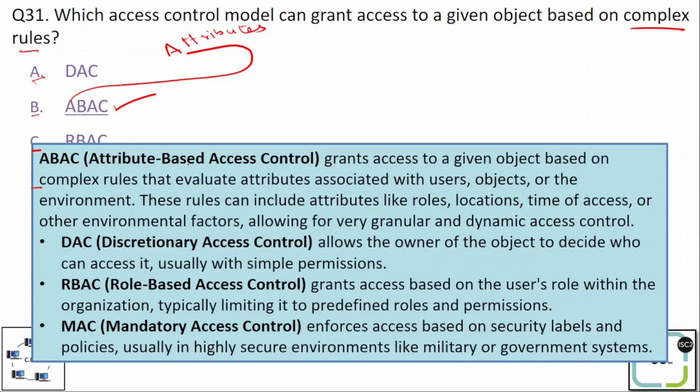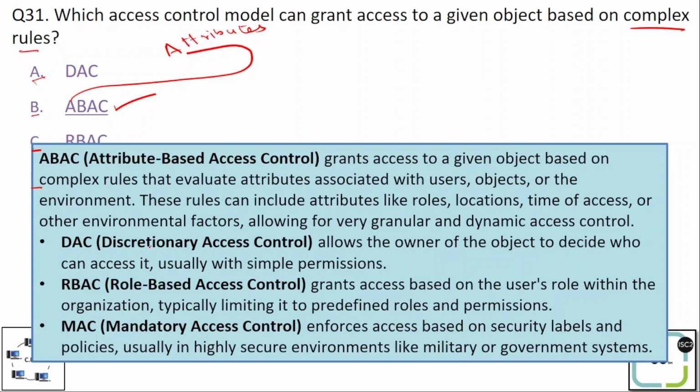So ABAC, that is attribute-based access control, grants access to a given object based on complex rules that evaluate attributes associated with users, objects, or the environment. These rules can include attributes like roles, locations, time of access, or other environmental factors, allowing for very granular and dynamic access control.